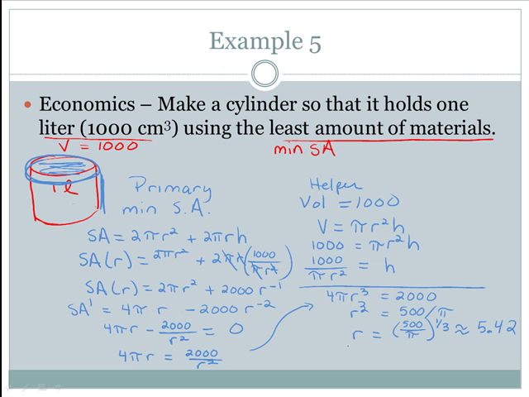If I plug that in for h, I have h equal to 1000 over pi times 5.42 squared, which equals 10.84.